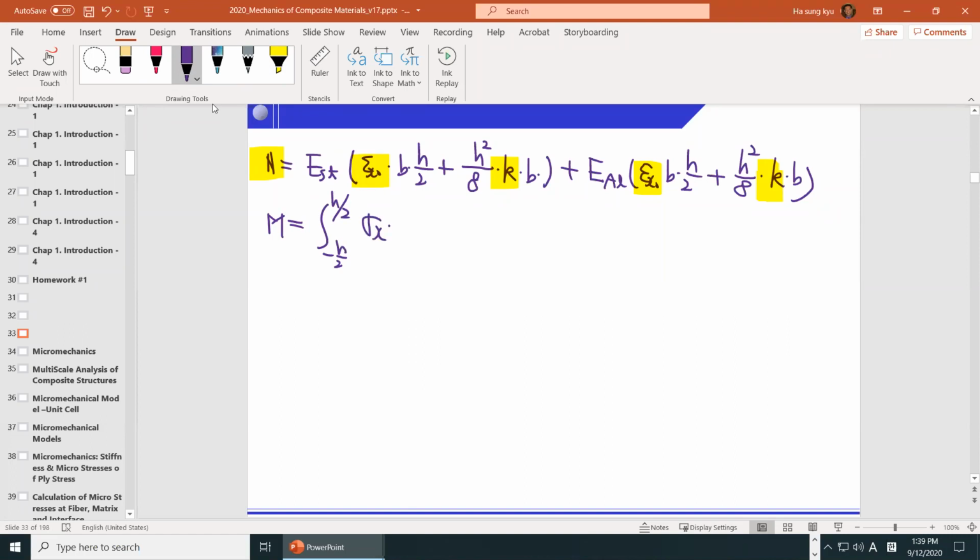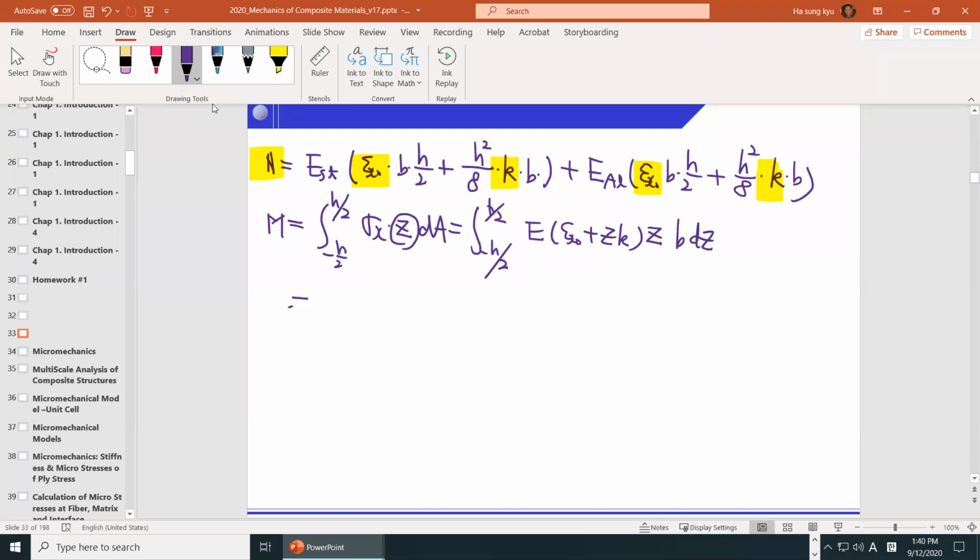Moment by definition, sigma x has to be multiplied by z and dA. So over H, sigma x is given as epsilon x0 plus zk, and then z. We have a new term of z because for the moment we need to have the z, and b dz.